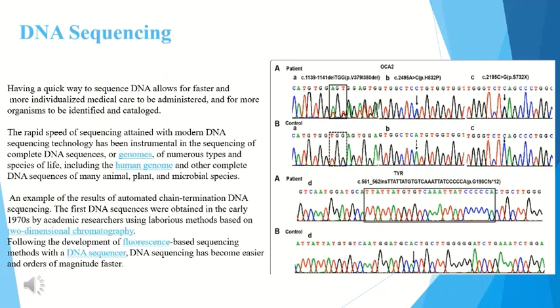The first DNA sequences were obtained in the early 1970s by academic researchers using laborious methods based on two-dimensional chromatography. Following the development of fluorescence-based sequencing methods with a DNA sequencer, DNA sequencing has become easier and orders of magnitude faster.